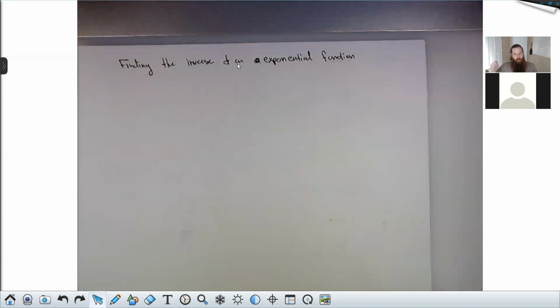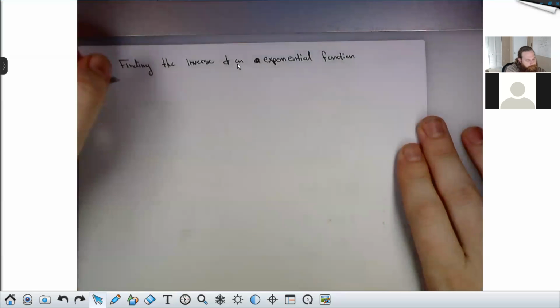It's that same procedure that we learned way back in chapter 2. But now the equations that we're going to have to solve are going to be exponential equations.